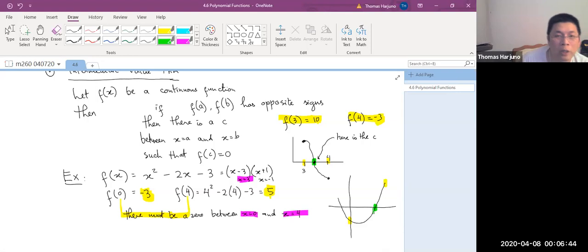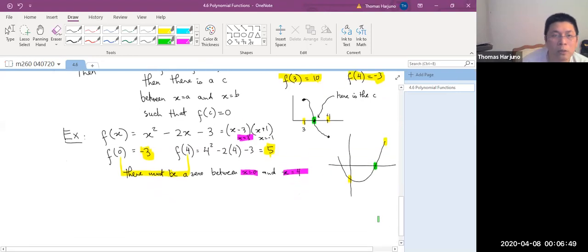What happens if f(a) and f(b) have the same sign?